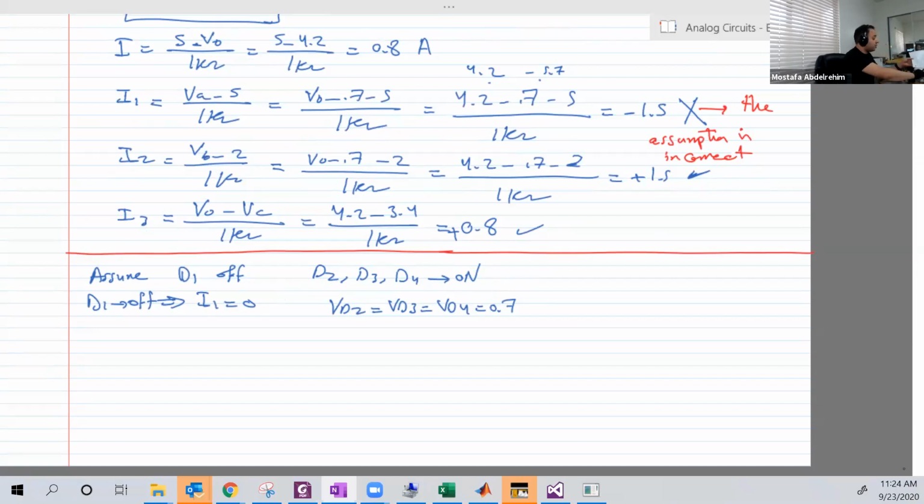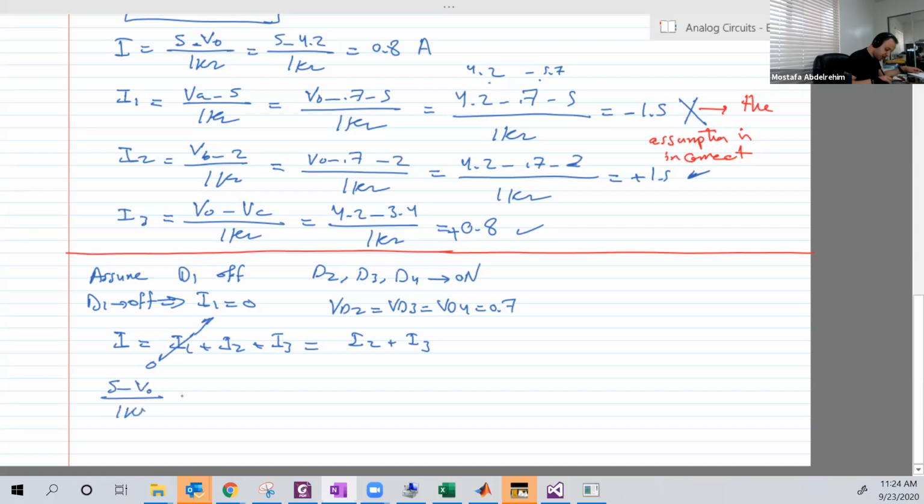So with this assumed, we can say that I equals I1 plus I2 plus I3, but since I1 is 0 because it's off, this is equal to I2 plus I3. So (5 minus VO) over 1 kilo equals (VB minus 2) over 1 kilo plus (VO minus VC) over 1 kilo.